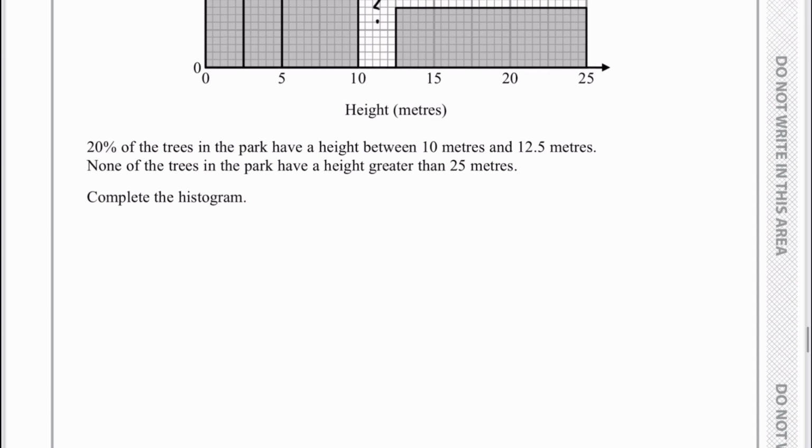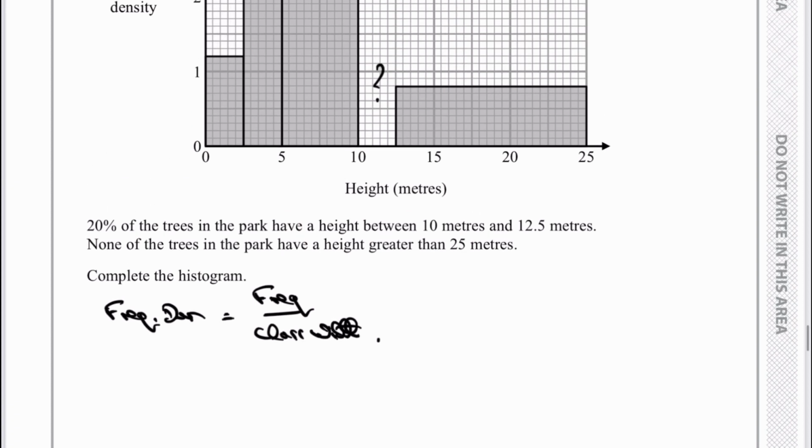Okay, so what I'm going to do at the bottom here is write frequency density equals frequency divided by class width. That's the formula that I can use for each one of these, because if we look at the very first one, I've got a class width of 2.5 and I've got a frequency density of 1.2.